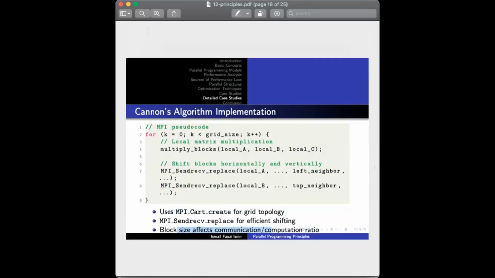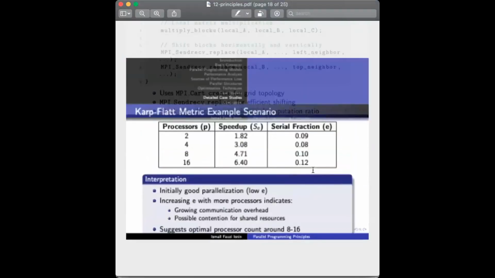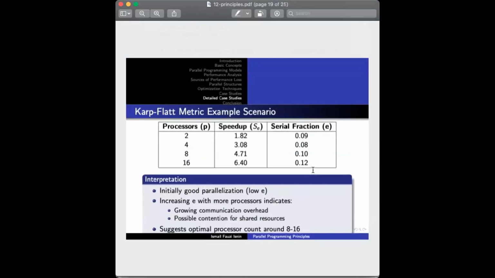Next, another case study, which is the Karp-Flatt metric example scenario. This is a performance table showing processors 2, 4, 8, and 16, together with speedups of 1.8, 3.0, 4.7, and 6.4, including the serial fraction 0.09, 0.08, 0.1, and 0.12.